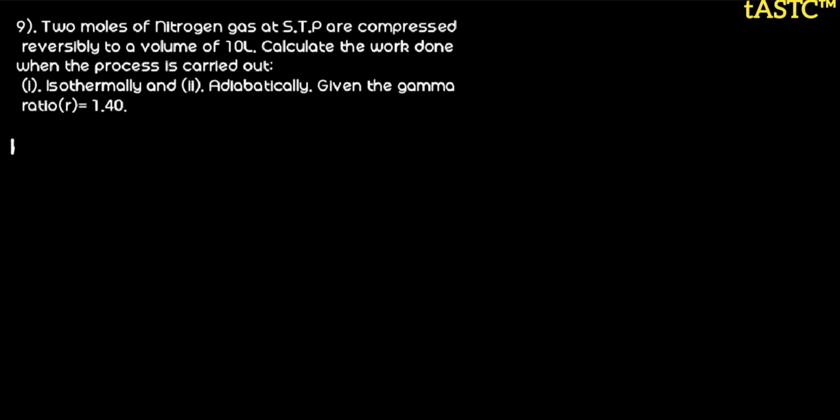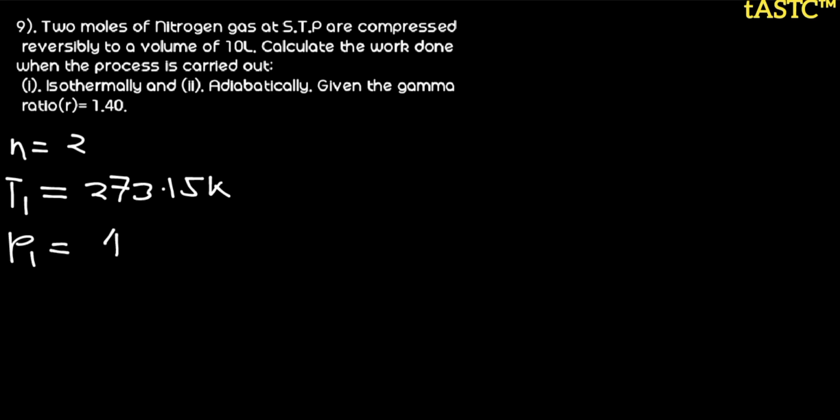So first off, we have that the number of moles is equal to 2. And we have this process occurring at standard temperature and pressure. That means the first temperature, T1, is 273.15 Kelvin. Now P1, the initial pressure, is going to be 1 atm.